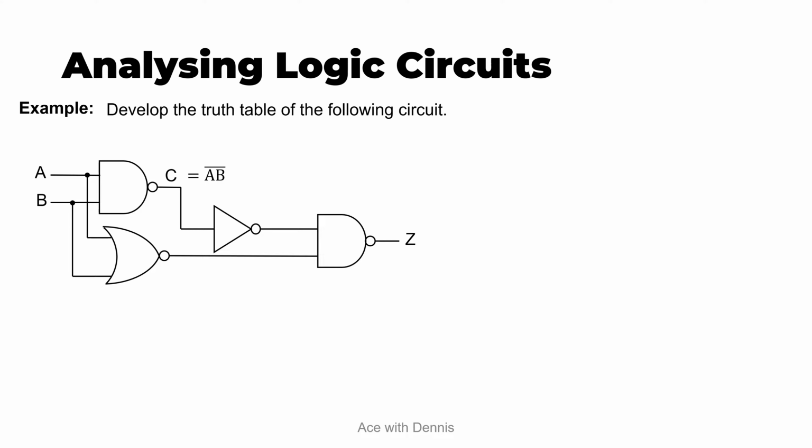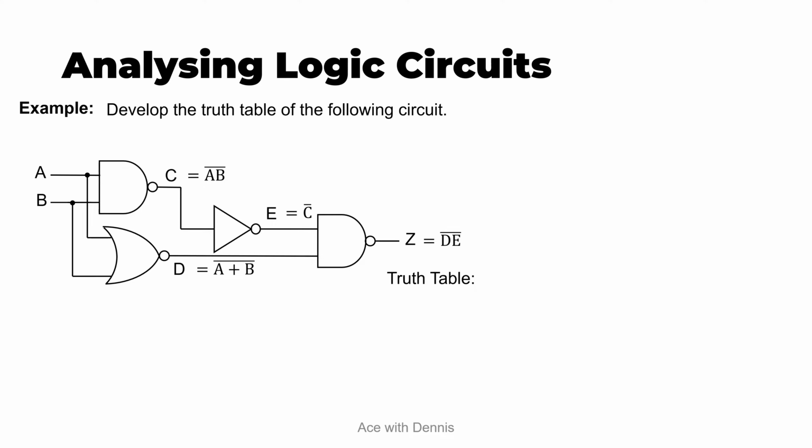It equals AB bar. At point D, this is the output of the NOR gate. It equals A plus B, bar. At point E, this is the output of the NOT gate, which equals C bar. For the output Z, it equals D E bar.